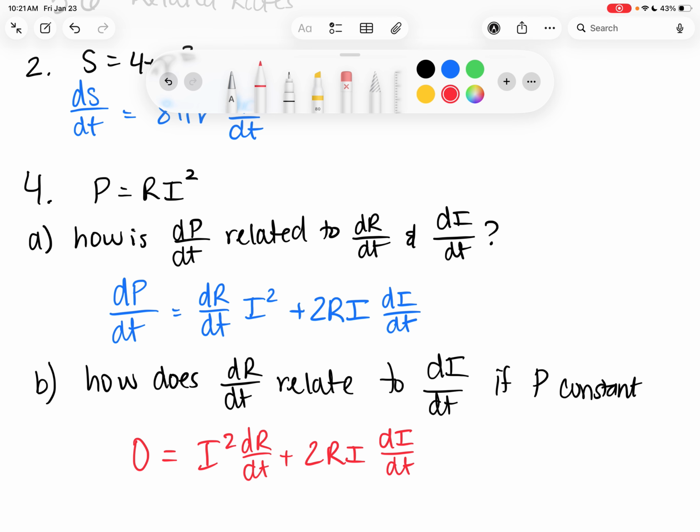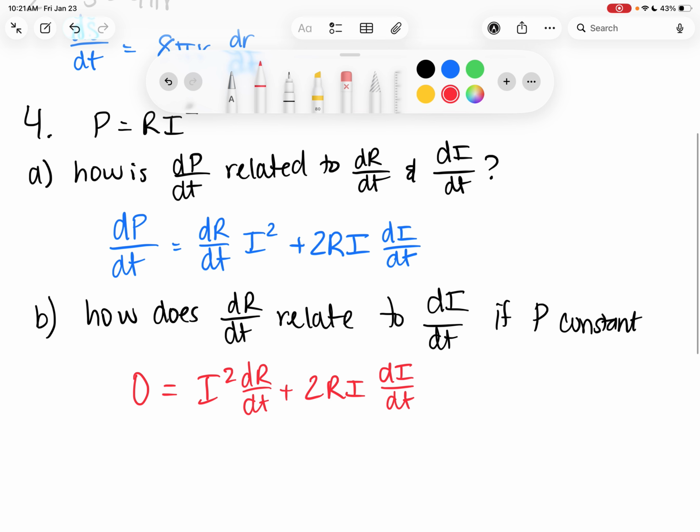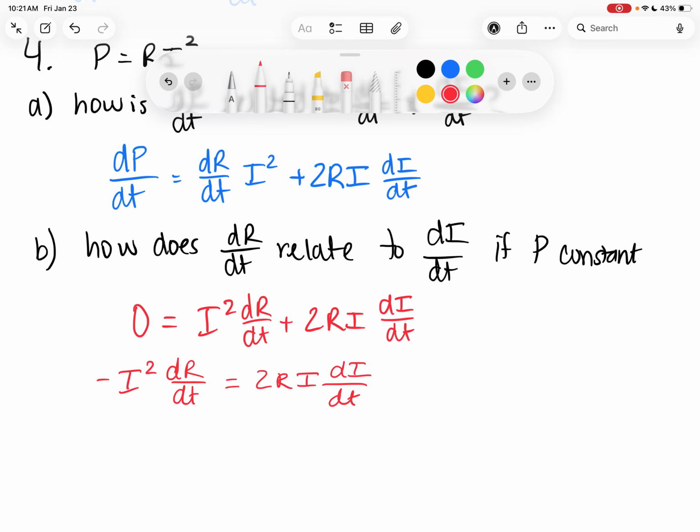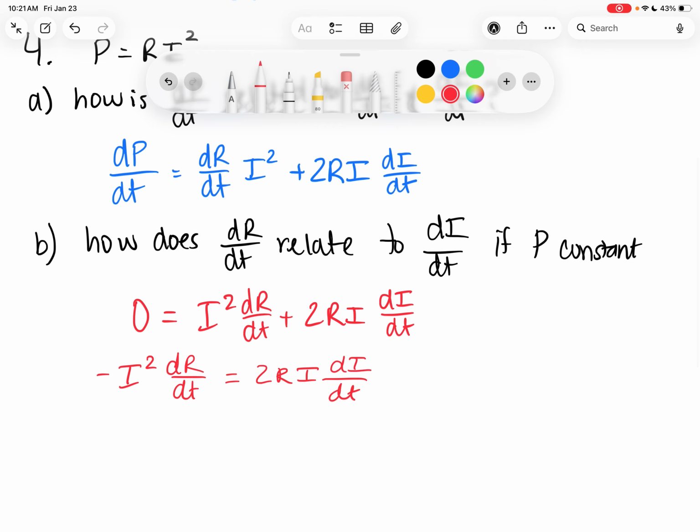Then it wants dr dt related to this other stuff, so I'm going to need to move this piece over. So I'm going to have negative I squared dr dt is equal to 2ri di dt. Then I need to divide by the negative I squared, so dr dt is going to be equal to negative 2. The I on top cancels with the squared part of the bottom, so negative 2r over I di dt.